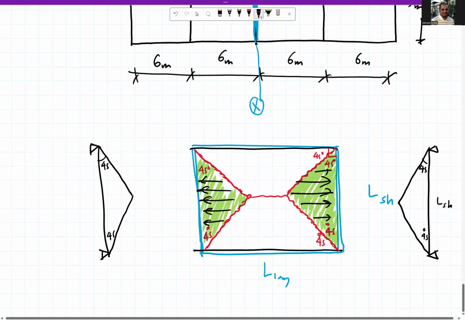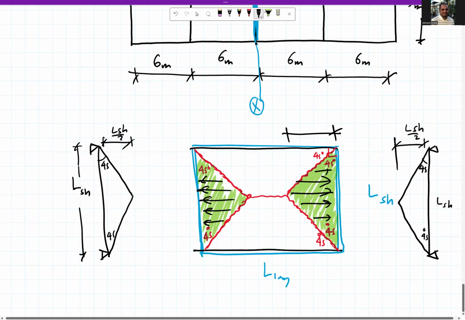If this is L short, the height of this triangle is L short over 2, because this is half.